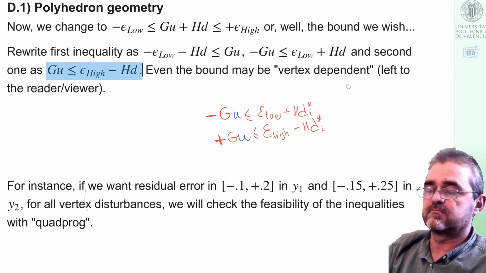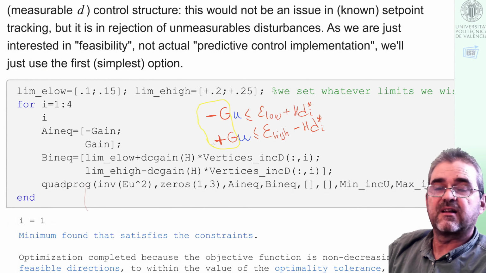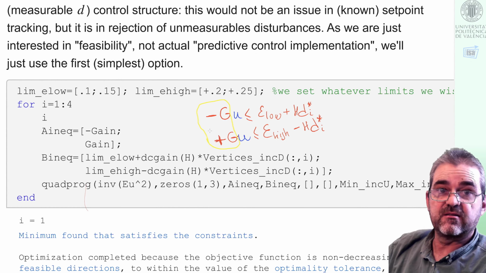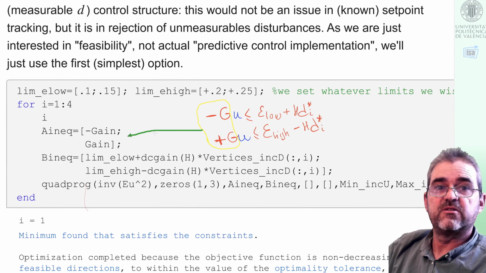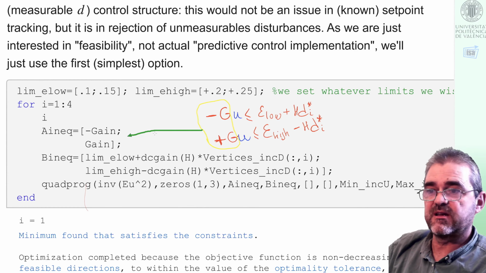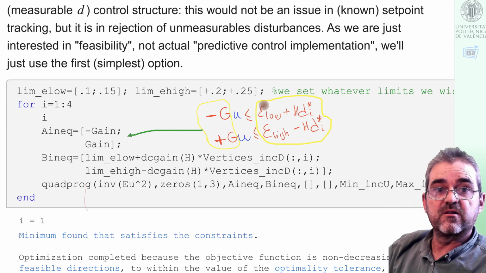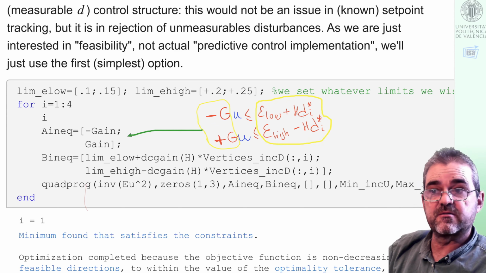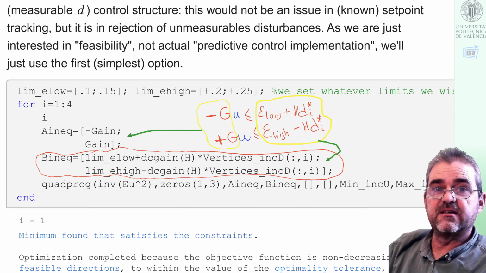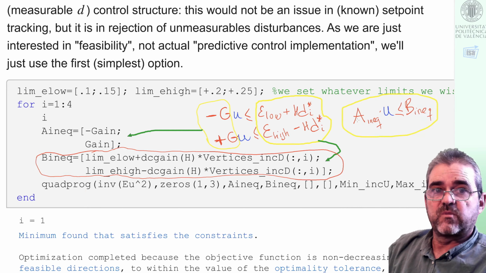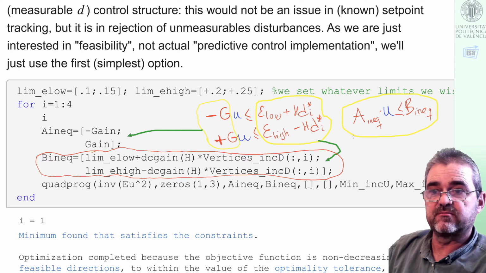So I will stack minus gain and plus gain into this A inec matrix, and I will stack this thing for each of the vertex disturbances, 1, 2, 3, 4, as this B inec thing, so that this A inec and B inec will be the matrices needed to encode all the needed inequalities in quadprog.